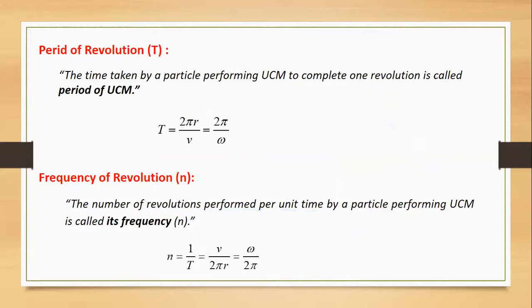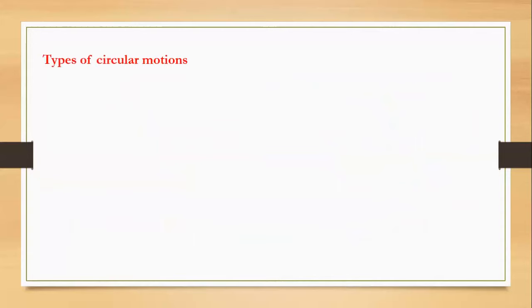Now the next one is types of circular motion. Basically, based on speed, we classify circular motion into 2 categories.